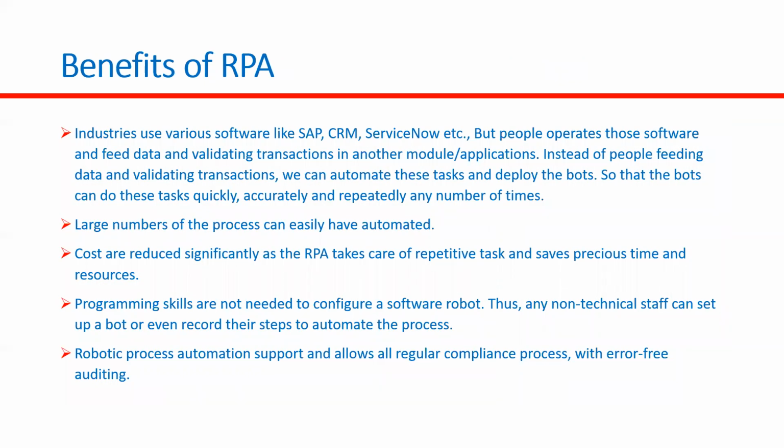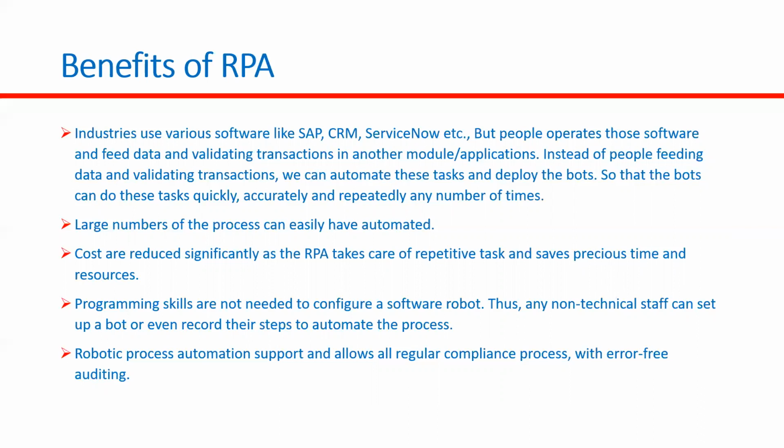And here come the benefits of RPA. What are the ultimate benefits we are going to get by using this RPA automation? The main benefit is that industries use various software, as we discussed earlier, like SAP, CRM, ServiceNow, etc. But people operate those software, feed data, and validate transactions in another module or application.